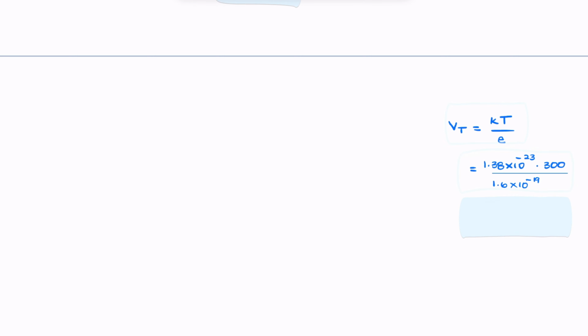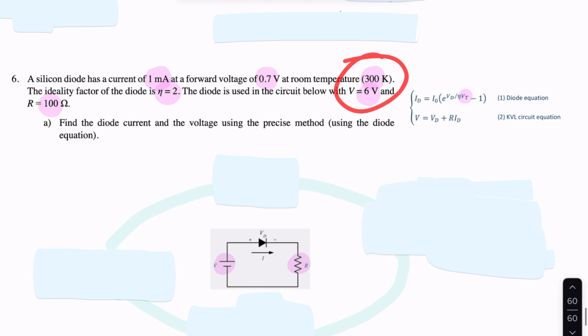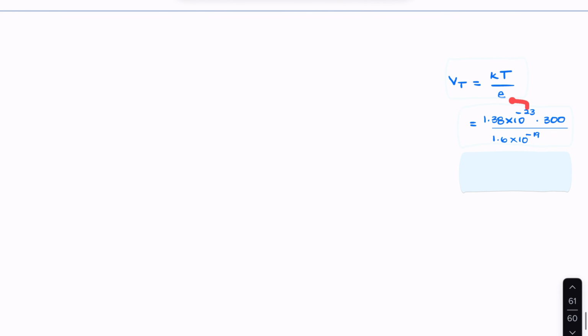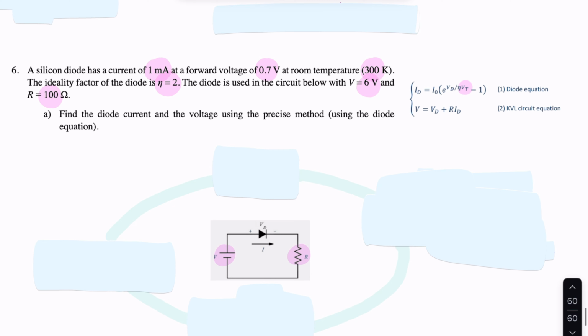In this question, the temperature is given as 300. That's the Boltzmann constant K, and that's the charge of the electron E. That gives you 0.0258, or 26 millivolts is the standard value we often use. So that's the value of VT.